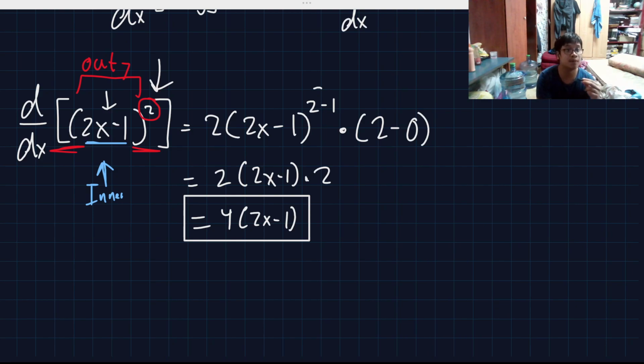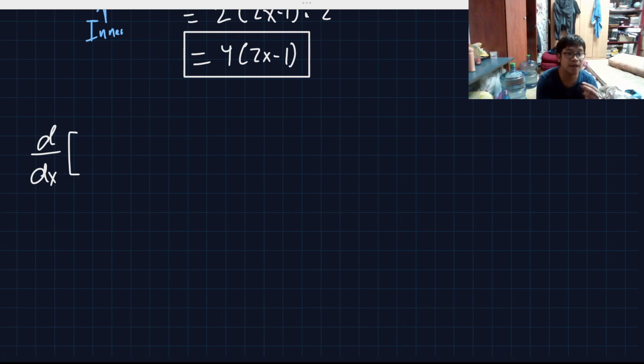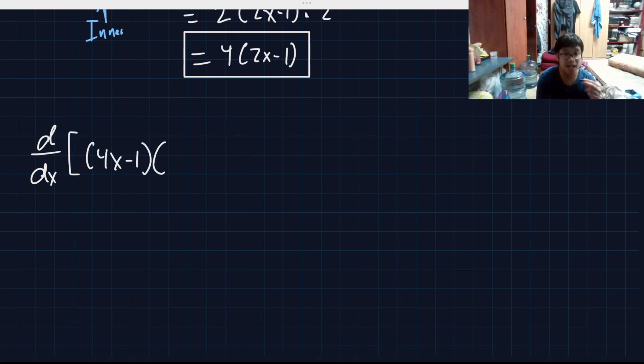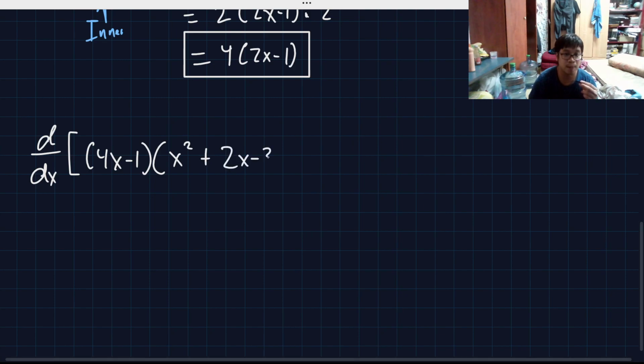So our next problem, we will have the derivative of, what's this again? Quantity 4x minus 1 times quantity x squared plus 2x minus 3. All right, x squared plus 2x minus 3.